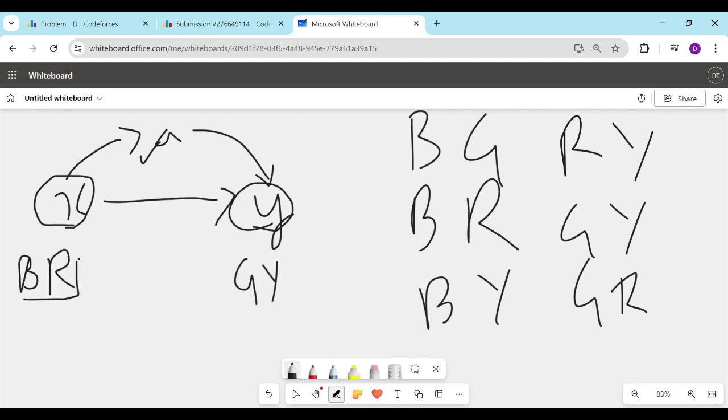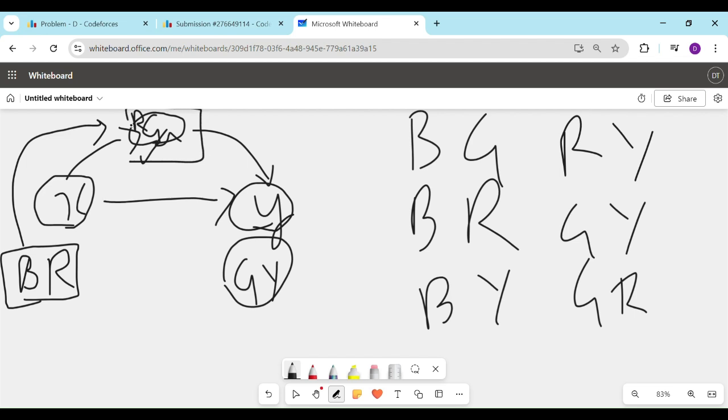Now if this and this have a same color like R and G, then I can also match this with this, because if instead of one step I choose 2 steps, like if I choose X to A to B and B to Y, this would be very high cost and not recommended. Hence we will find how to go from X to Y using only one step.